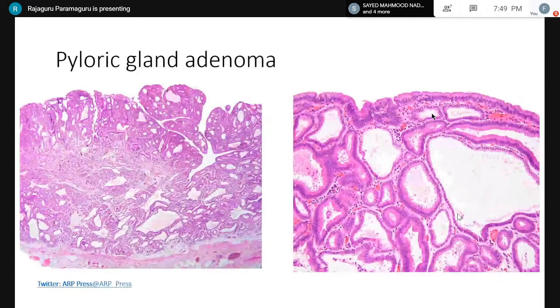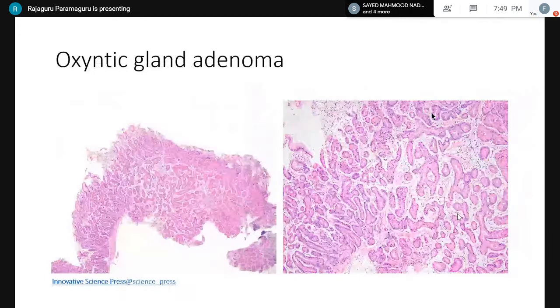These are typically MUC6 positive. So the main thing is that these are to be differentiated from oxyntic gland adenoma, mainly because of the fact that the molecular genetics is a bit different between them, and morphologically they are also quite different from a pyloric gland adenoma.